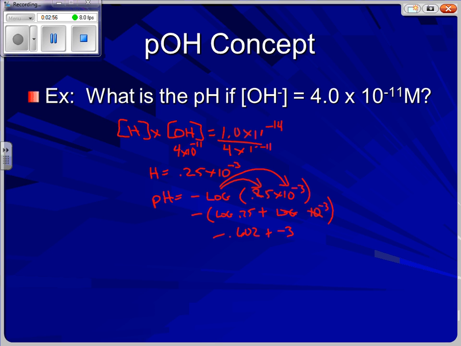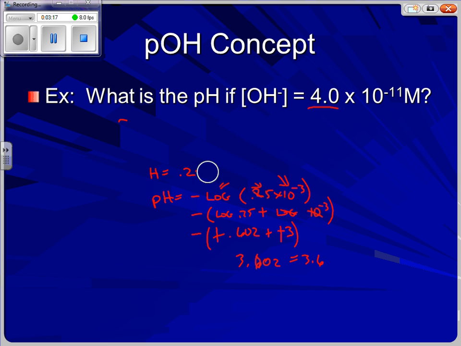I'm going to distribute that negative out front to everything. That turns that to positive, that to positive. So my answer will be 3.602. I have in this problem two significant figures, so that gives me 3.6 as my pH. That's one way to solve this.